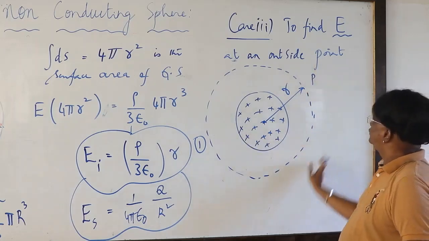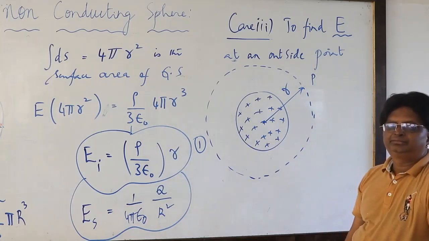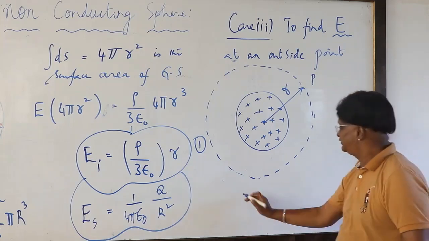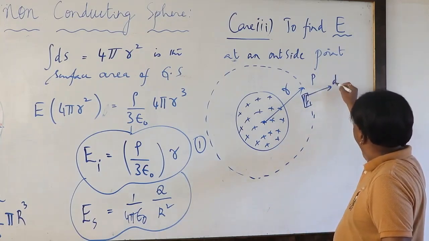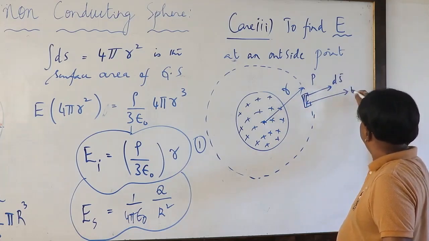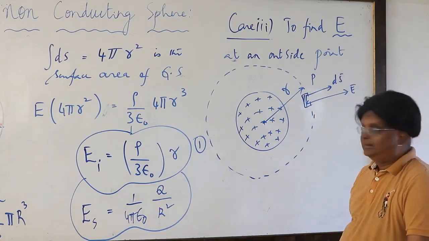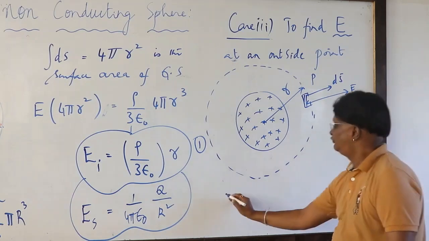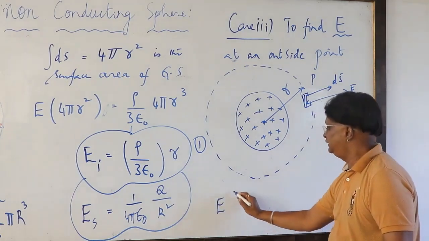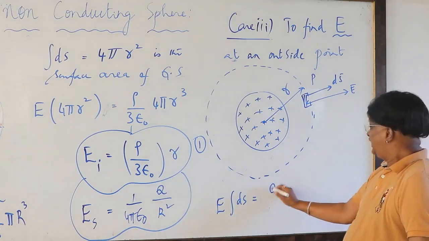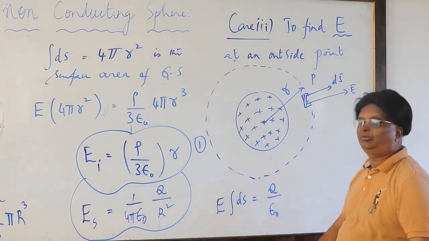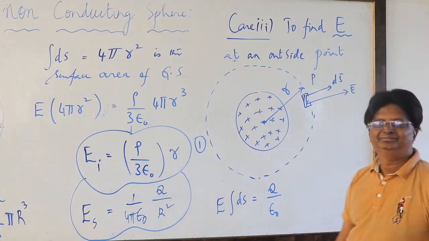For that Gaussian surface, again we take an element, with ds bar and E bar. Then E integral ds is equal to capital Q by epsilon naught this time. Why capital Q, you tell me?